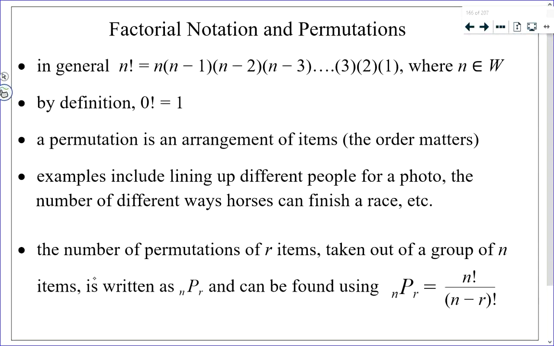The number of permutations of r items taken out of a group of n is written as nPr, and it can be found using n factorial over n minus r factorial. I think under most circumstances you wouldn't actually use that formula to solve these problems. You would just use your calculator, or you would use the fundamental counting principle if you could.